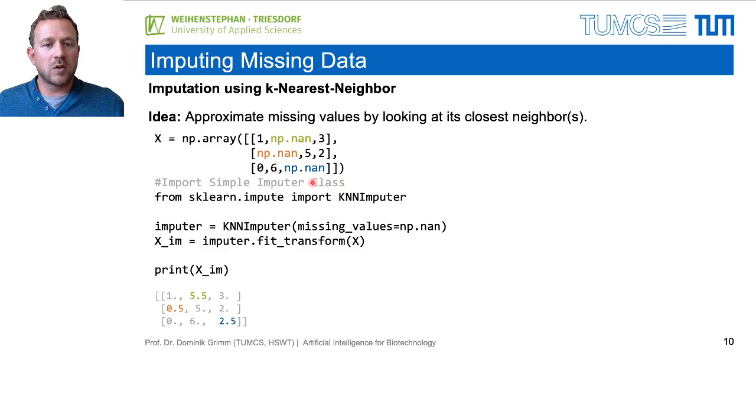This is also implemented in sklearn, called KNN imputer, and we can use this KNN imputer to also fit transform our matrix X, and then we get our imputed matrix. And let's look at some examples of what differences these different imputation strategies make. Before we do this, if you'd like to learn more about these different strategies, I also uploaded additional reading material.